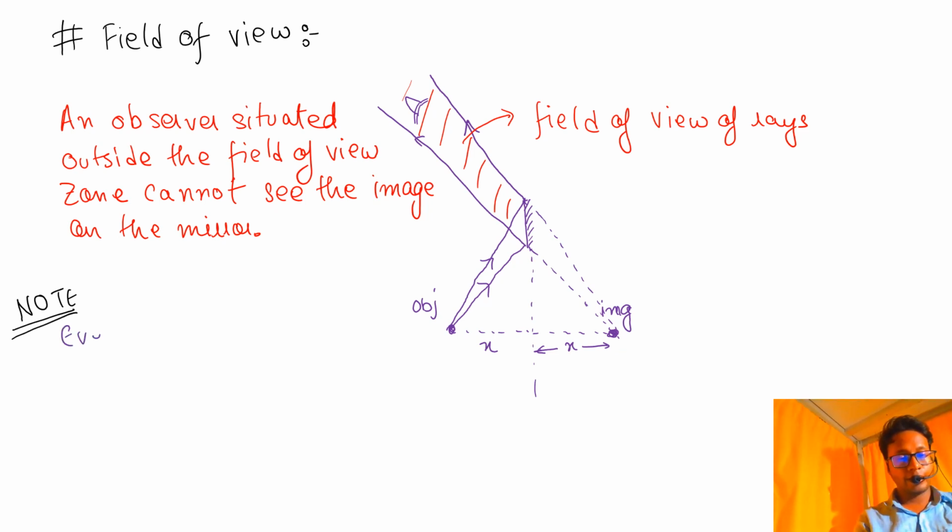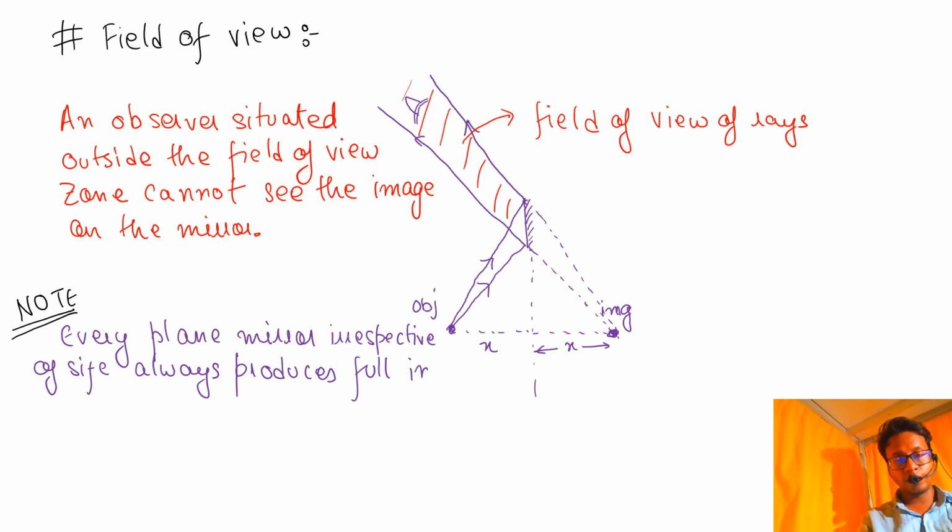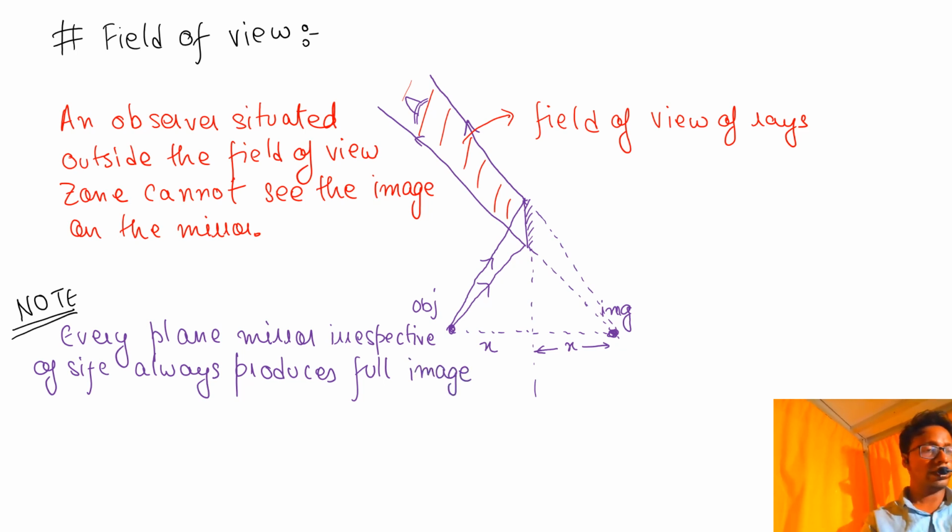The note is: every plane mirror, irrespective of size, always produces full image. But as mirror size is increased, the field of view increases.